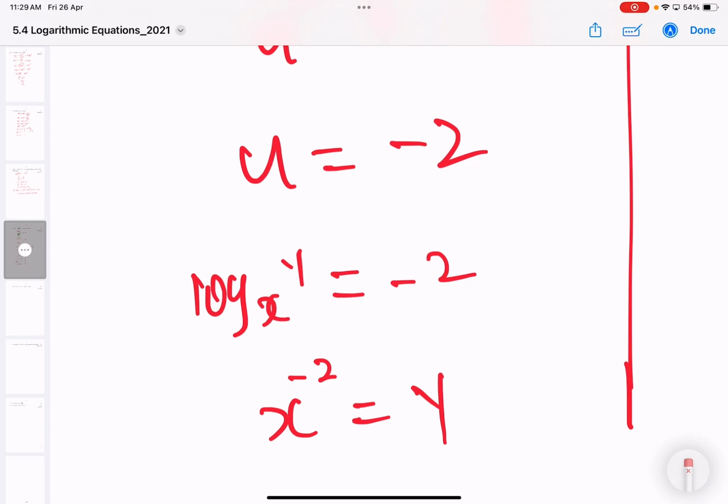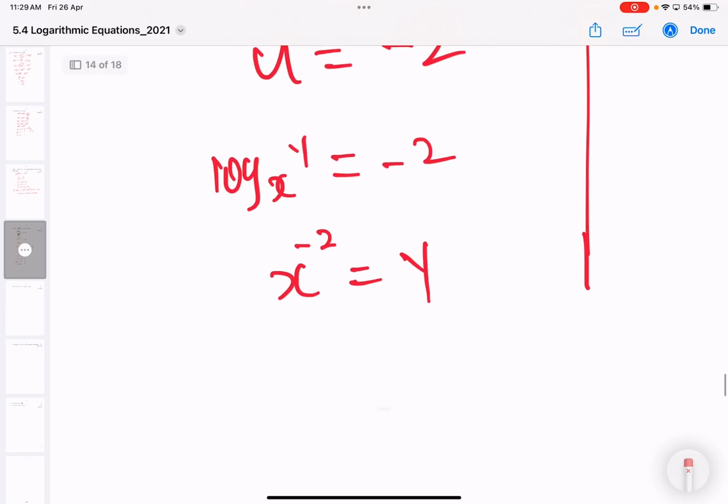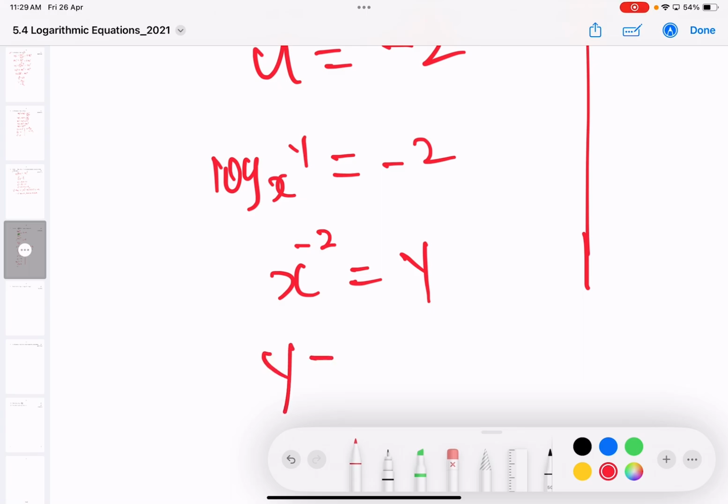Express y as a power of x. So I'll express y as a power of x. Okay, that makes you happy. Okay, I'll stop here.